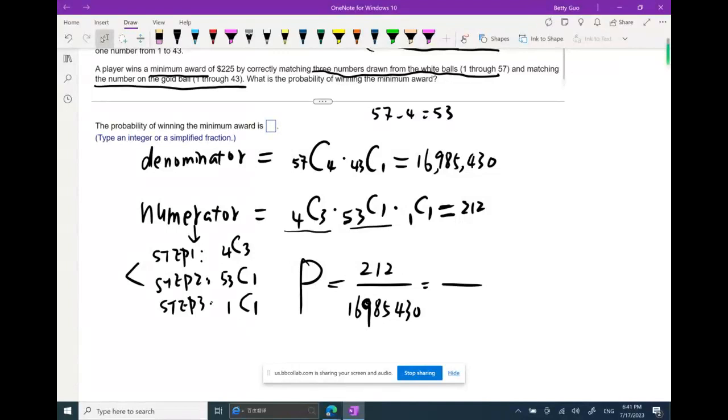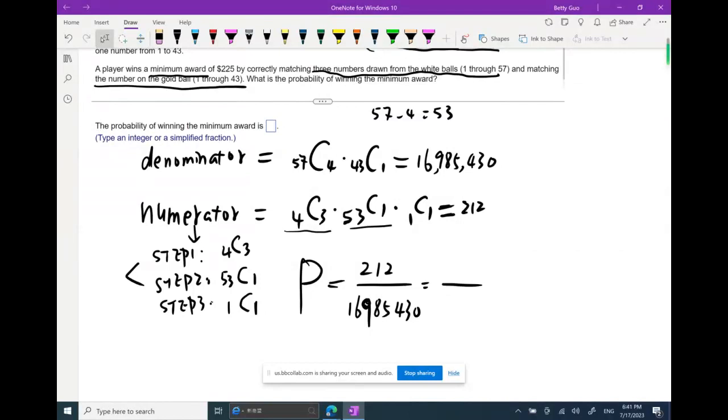If we use the calculator, 212 divided by 16,985,430, and then we go to math, fraction, and enter. This doesn't work on my calculator though.